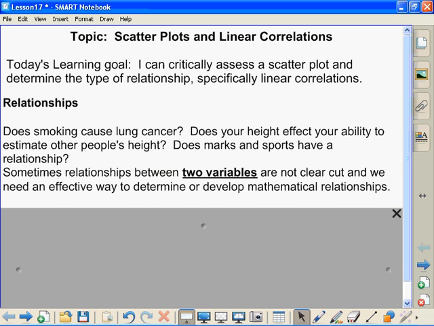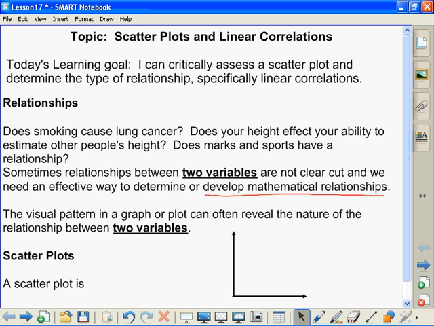Sometimes relationships between two variables aren't clear-cut. You can't just look at the data you collected. Sometimes you have to rearrange it, and we like putting it into a graphical format to help us develop mathematical relationships. That's our goal here, to find mathematical relationships with some of the data that we're looking at.